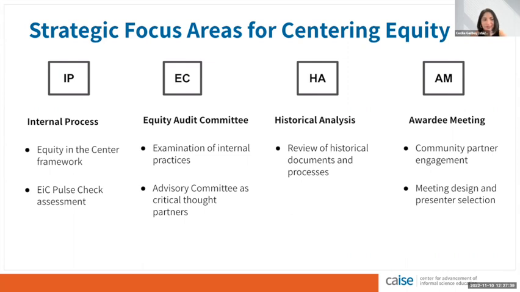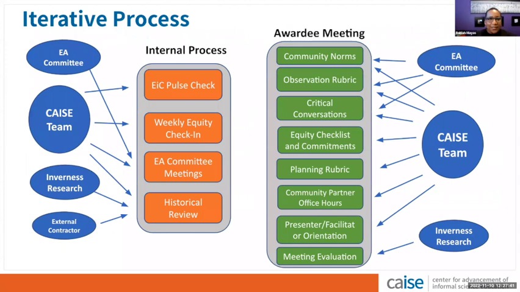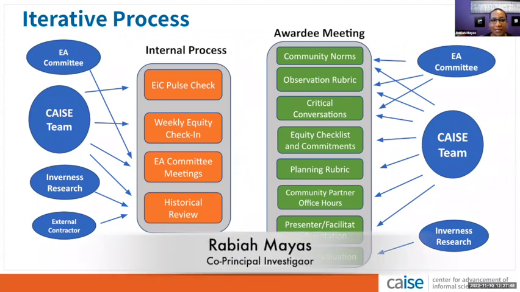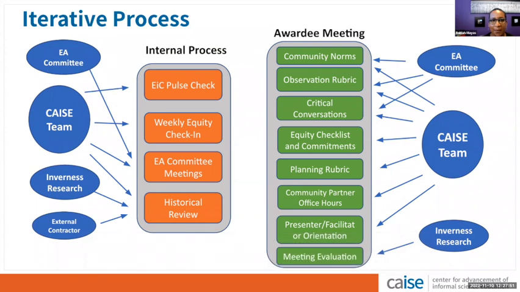Thanks, Cecilia. If we go to the next slide, one of the things we wanted to do was highlight how iterative the process was that Cecilia just laid out. It was a combination of the committee and the team, as well as our external evaluation firm and an external consultant. On the left side, those blue spheres or ovals identify the people who were involved, and that's the same on the right.